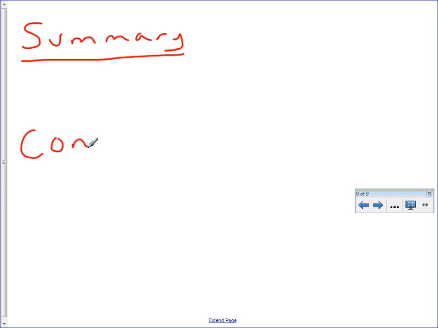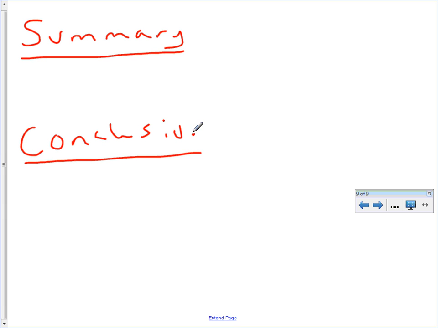In your conclusion paragraph, you should be telling me what metal you identified based on the slope of the graph that you constructed, because the slope of the graph you constructed is mass per volume, which is density, and based on the color.